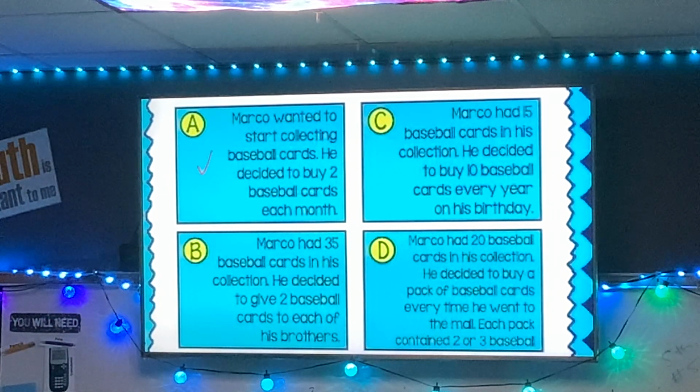Did he start with 15? So that is his y-intercept. It would start at 15. D. Marco had 20 baseball cards in his collection. Isn't he starting his y-intercept at 20? So yes, A was your correct answer.